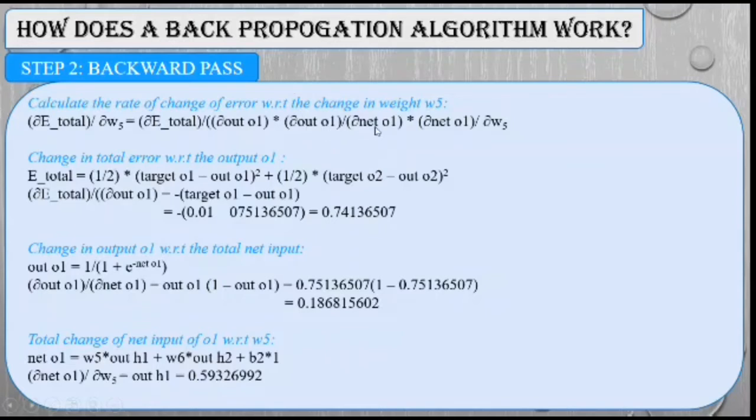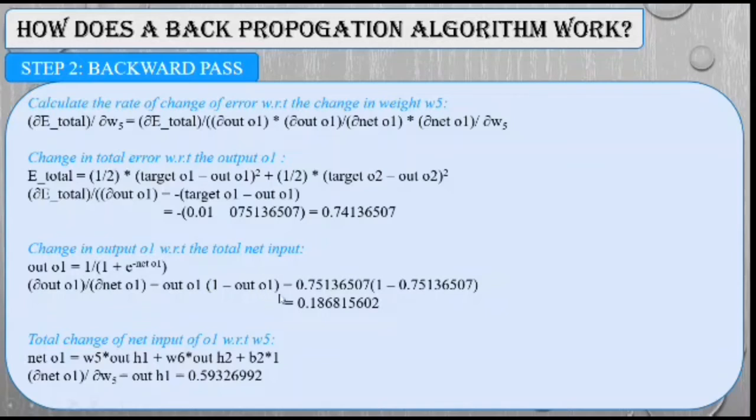Then the second term is the partial differentiation of out O1 with respect to net O1. We know that out O1 is a sigmoid function, which is 1 upon 1 plus e power minus net O1. When we differentiate the sigmoid function, we get the same value multiplied by 1 minus the same value. If you want the derivation of that, I have given the link below in the description box, so just go through that.